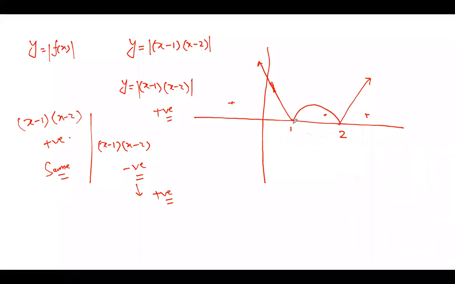When we remove the part between 1 and 2, we get this graph. This is the graph of the modulus of (x minus 1)(x minus 2).